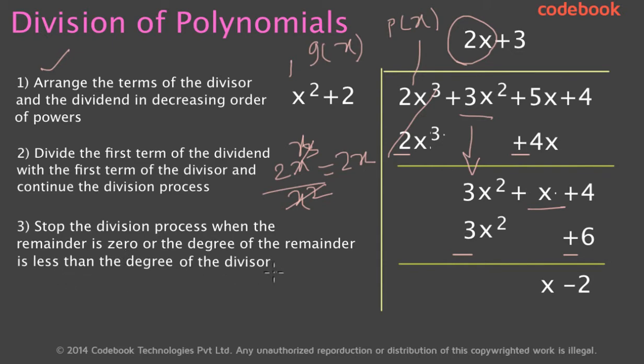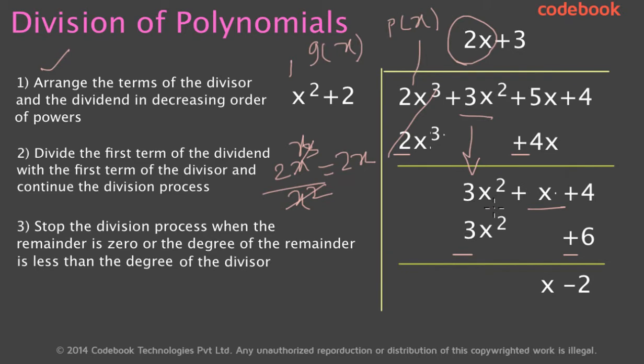So that's what we are saying here: stop the division process when the remainder is 0 or the degree of the remainder is less than the degree of the divisor. The degree of the remainder is 2 because the highest power of x in this polynomial is 2, whereas in the divisor the degree is also 2. So the remainder's degree is equal to the divisor's degree, and you have to continue until the degree of the remainder is less than the degree of the divisor. So let's continue.